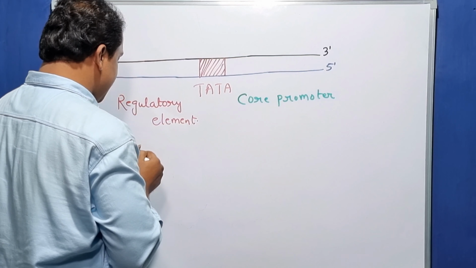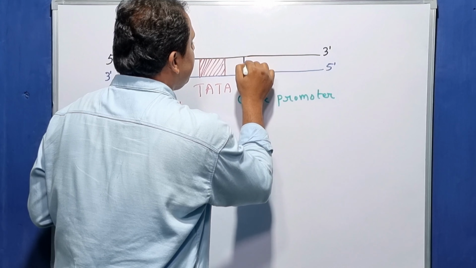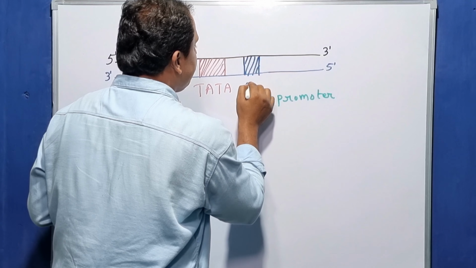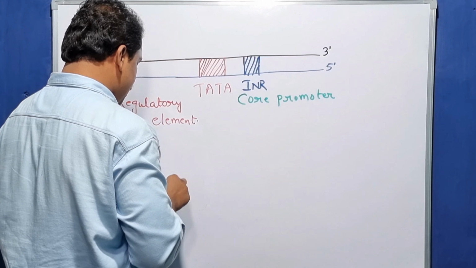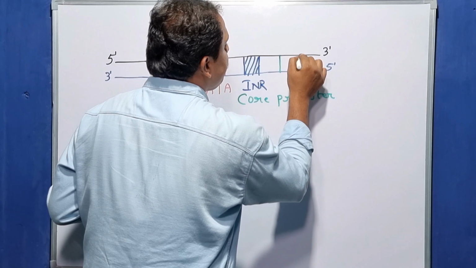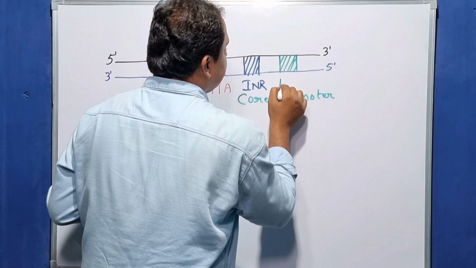In addition to the TATA element, very near to the TATA element, there is an availability of the initiator element, simply termed as INR. And here at the downstream of the promoter region, there is an availability of the downstream promoter element, simply termed as DPE.